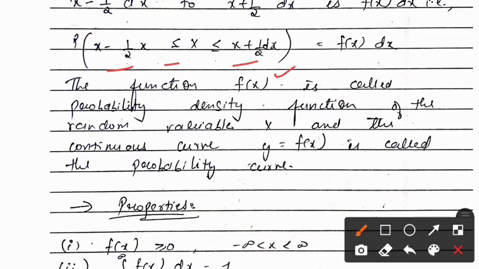The function f(x) here is called the probability density function of the random variable x, and the continuous curve y = f(x) is called the probability curve.